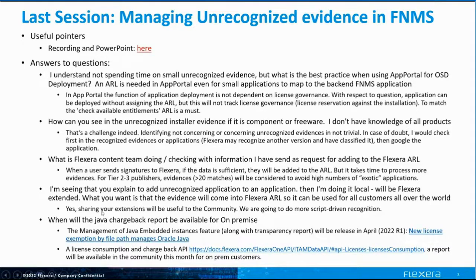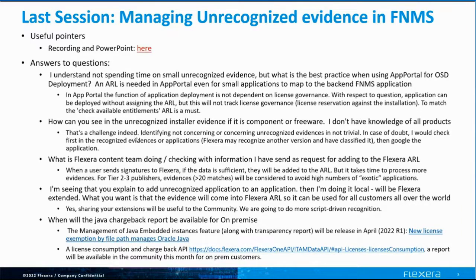And the last question, before moving to the next topic, was about the chargeback report. So I'm not exactly sure what the question was, if that was about managing the embedded instances of Java automatically. Let's say WebLogic, provided the path of the evidence of the signature.